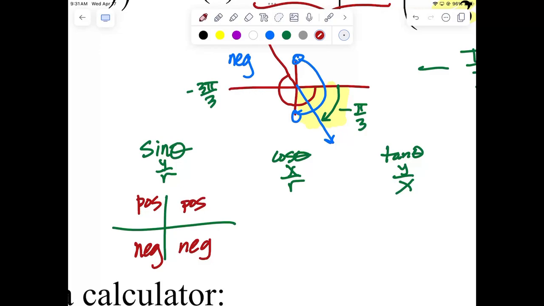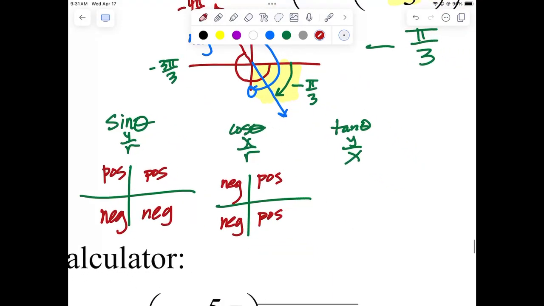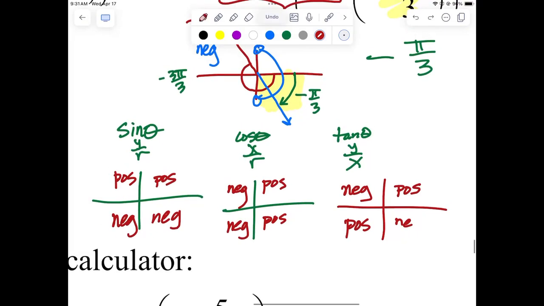For cosine, because it's x over r, cosine is positive in quadrants 1 and 4 and negative in quadrants 2 and 3 because it's x, right? The sign depends on the x. And then tangent is y over x. So tangent's positive in opposite quadrants where they're both positive and both negative, and negative when they're opposite signs. Positive, negative, negative, positive. Okay?